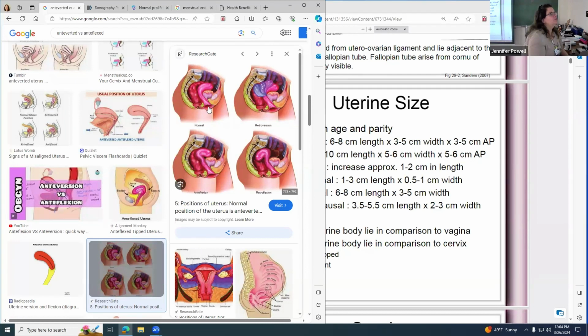And the normal, I'd say, I don't want to say normal because the other ones are not abnormal, but the most common one is anteverted. And then if it folds in like this, almost like a right angle, that's anteflexed. And then you can have the same thing, how it's retroflexed.